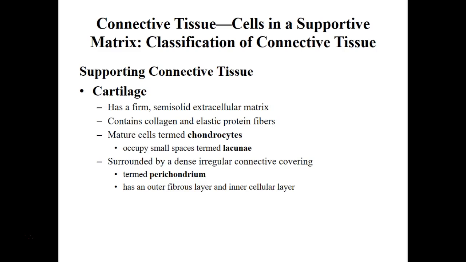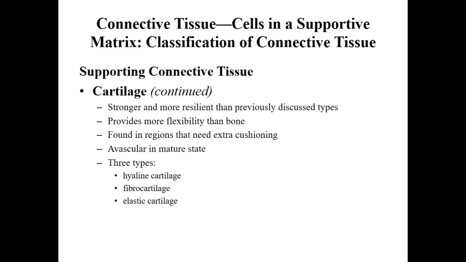Fibrocartilage is found in areas where we have a lot of fluid, either spinal fluid or serous fluid that's going to nourish the cartilage. So cartilage is a very strong connective tissue. It functions in structure in general, but it does have some flexibility compared to bone.